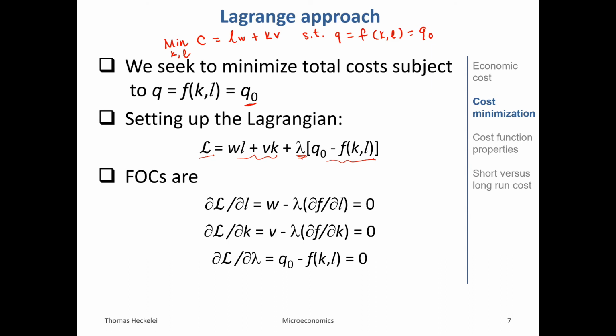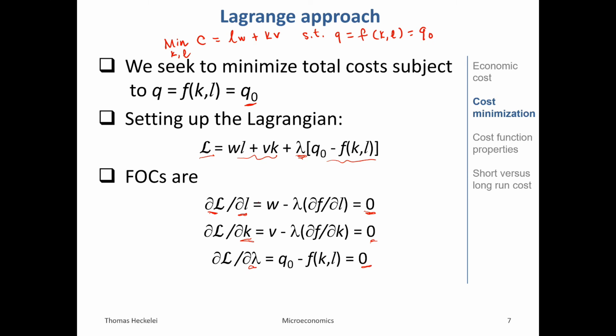For now, let's just ignore the second order condition. So the first order condition requires that you set the first partial derivative of the Lagrange with respect to each variable L, K, and lambda must be 0. So you set them to 0. That's the first order condition.